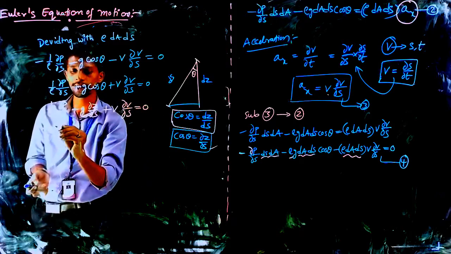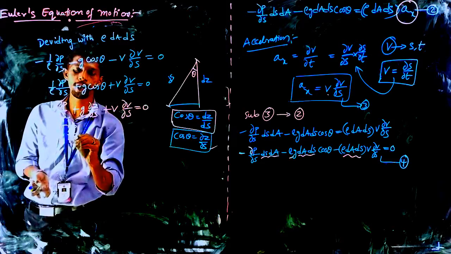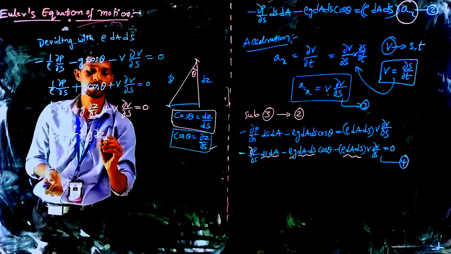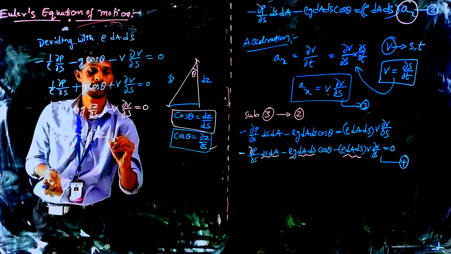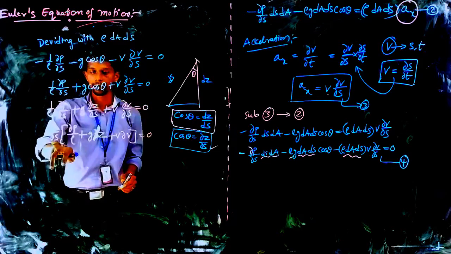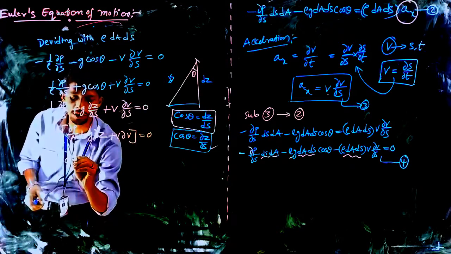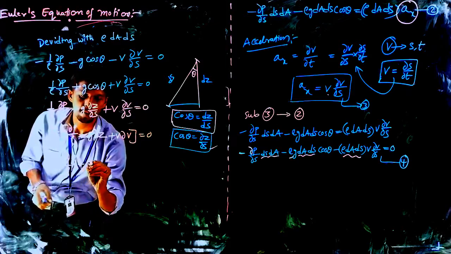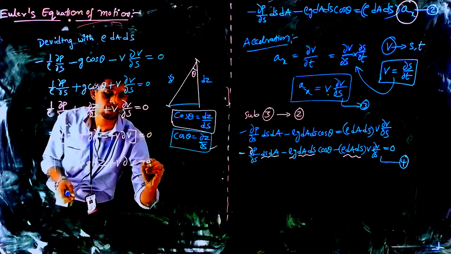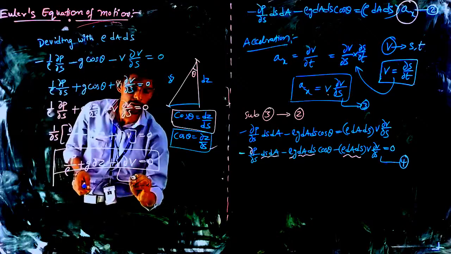So keeping dou s as common, inside we have dou p by rho plus g into dou z plus v into dou v is equal to 0. Now keeping that dou s to this side, that component will be 0. So the equation will be dou p by rho plus g into dou z plus v into dou v is equal to 0.